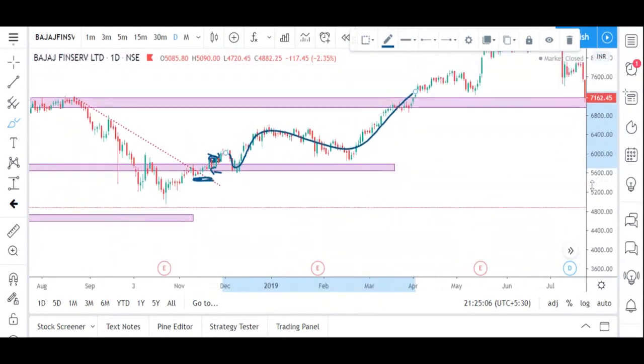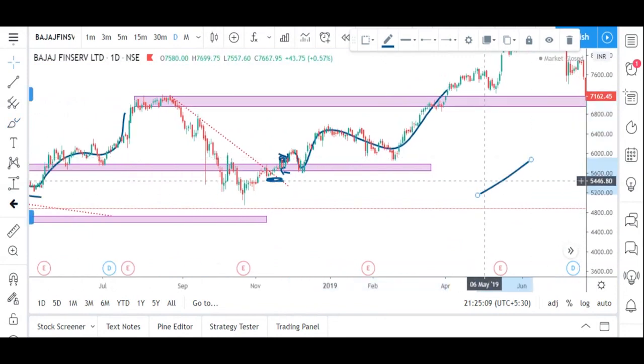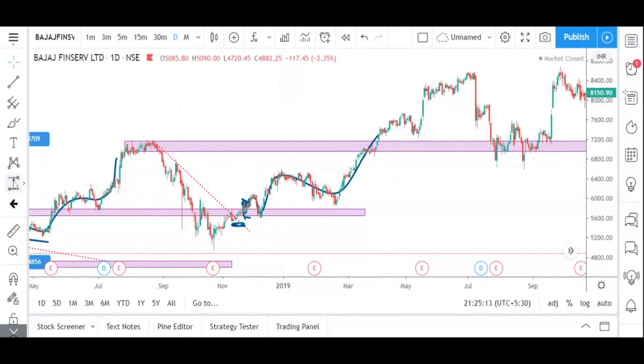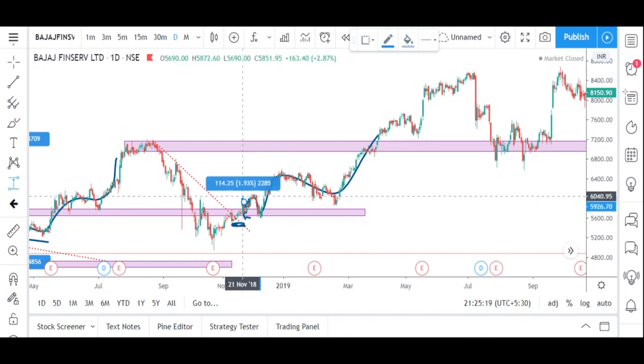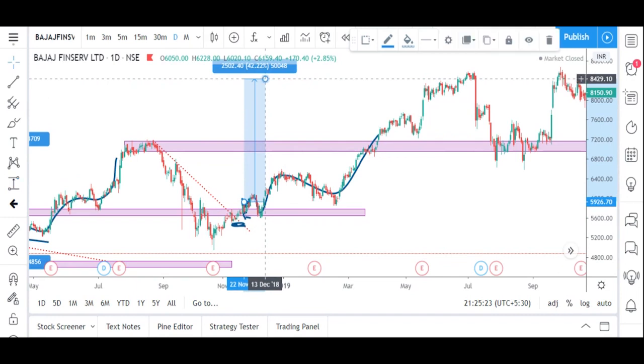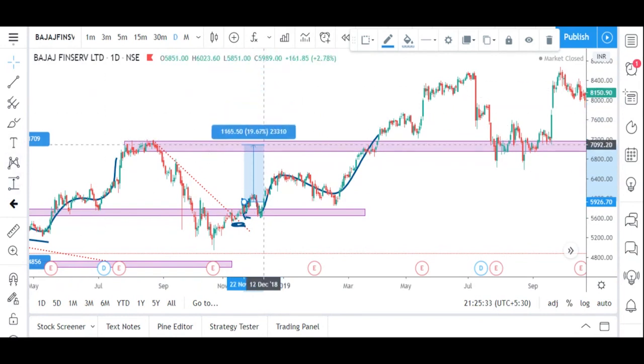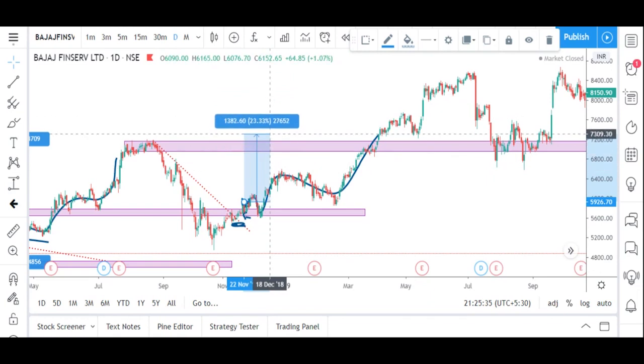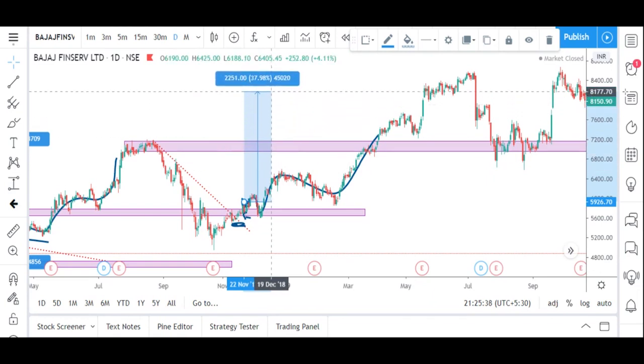And if we calculate our profit, I'll just show you that. If you have taken the trade somewhere here, once after it has crossed the support region, your profits were somewhere around 40%, and you start your profit booking after 8 to 10% from somewhere here, because this profit is very huge for this period of time, and your stop loss is very less, so you can see the risk reward ratio is very good.